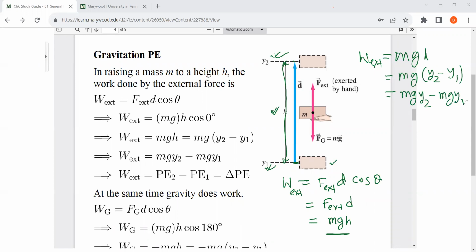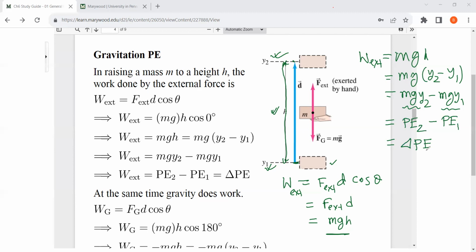You see that this depends on the position at y2, and this depends on the position of y1. We call this expression the potential energy. This is the gravitational potential energy at position 2, and this is the gravitational potential energy at position 1. So the external work done is equal to the change in gravitational potential energy.